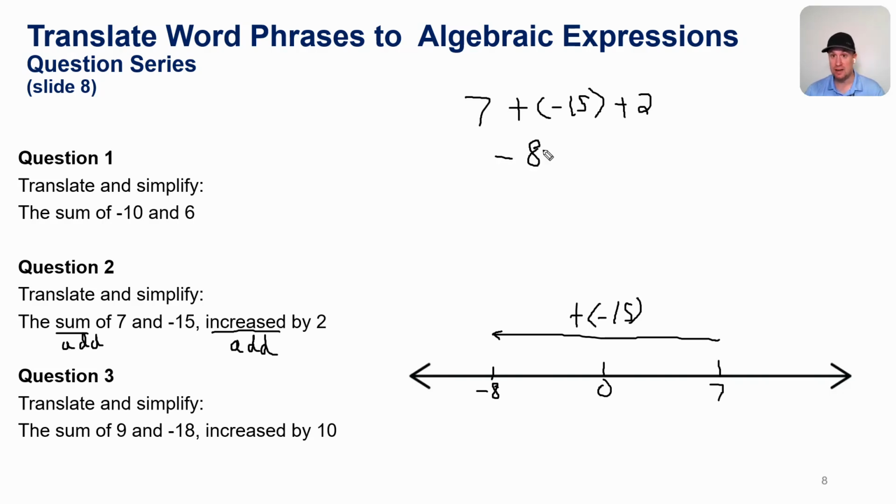So now I have negative 8 plus 2. Adding 2 more units means I go back to the right then. I'm increasing by 2. So where I end up here then is at a negative 6. So negative 8 plus 2 gives you a negative 6 as your result here.